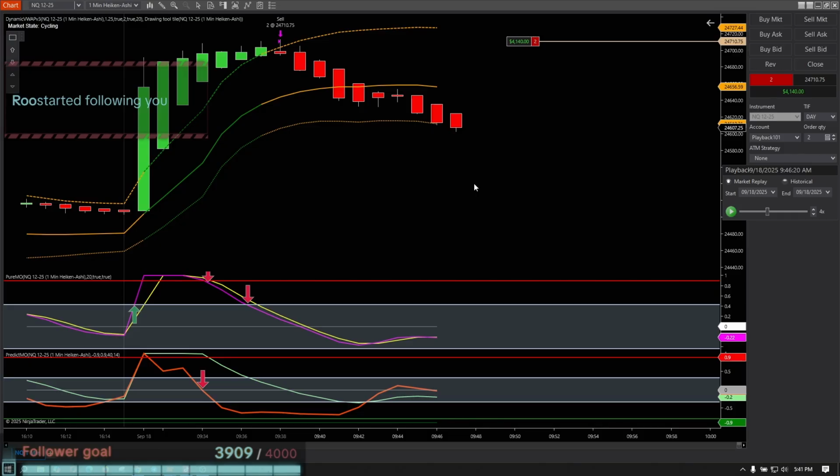Here's something really important, and it has to do with the dynamic VWAP right here. You notice how price popped out of the bands, went up, and came right back. When it turned green, that's telling you that the market is trending, and it'll print it up here, okay? And the moment that price rolls back into the VWAP, it tells you that the market is cycling. It's printing it right here: the market state is cycling.